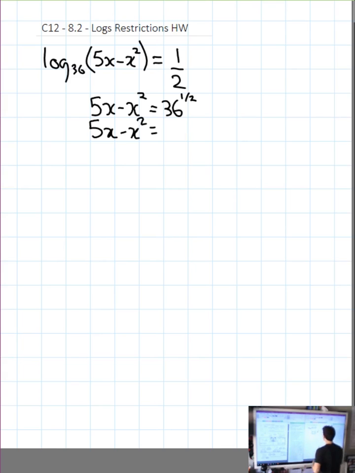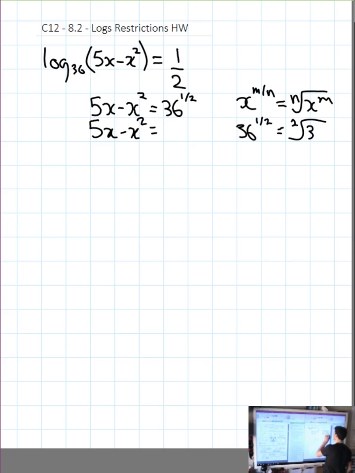Well, I know from before that we have our rule x to the m over n is equal to the nth root of x to the m. So 36 to the 1/2 is equal to the square root of 36 to the 1, which is just equal to 6. So 36 to the 1/2 is just equal to 6 because the square root is just 6.